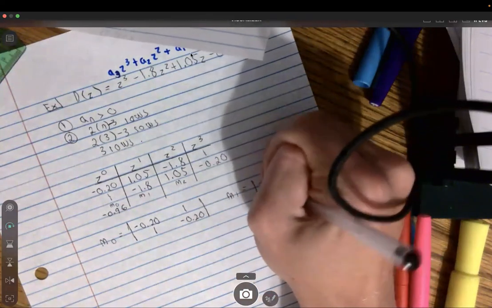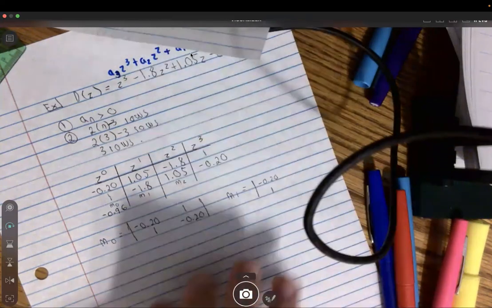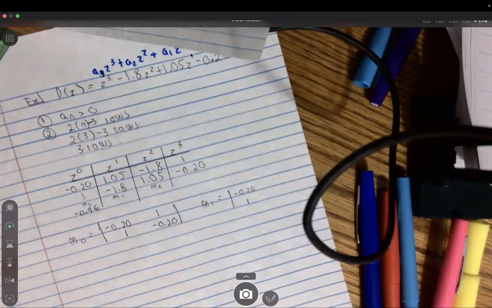For M1, what we're going to have here is still negative 0.20 and 1, but now we're going to move it over, because it's n minus k. So our k now is 1, so it'd be 3 minus 1, so A2. Okay, because I'm looking here, M1 would be equal to 0, this would be 2, and this would be 1.